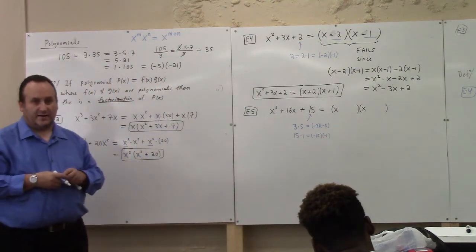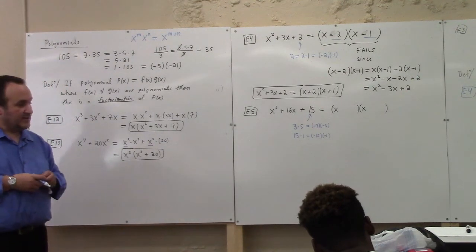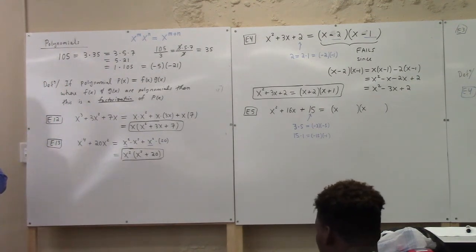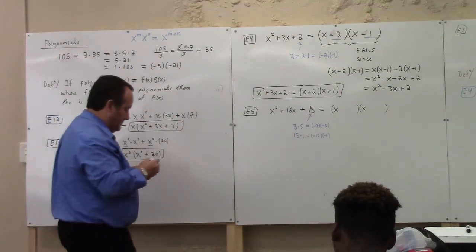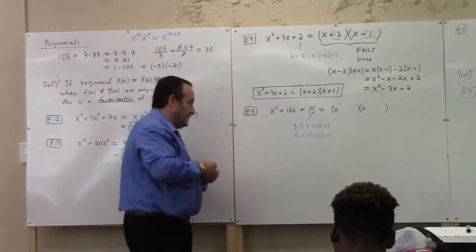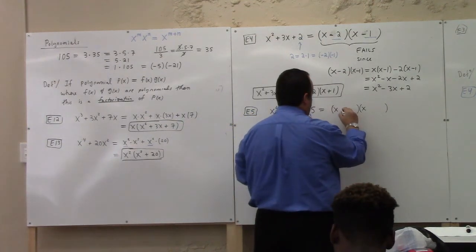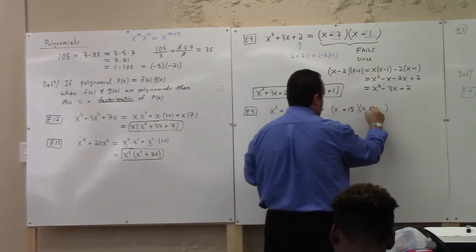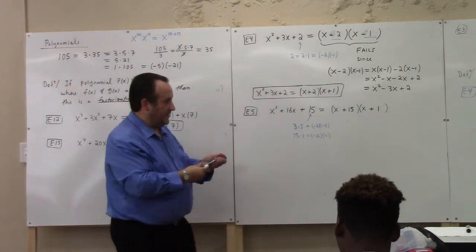You could put 3 and 5. You could put minus 3 and minus 5. You could put 15 and 1. You could put minus 15 and minus 1. Which one should we choose? 15 and 1, exactly, because we think about the cross terms.